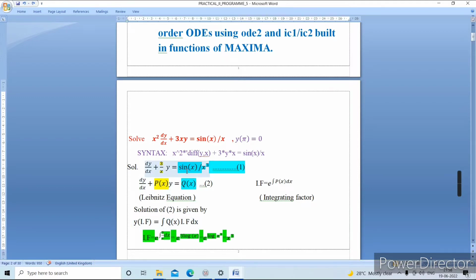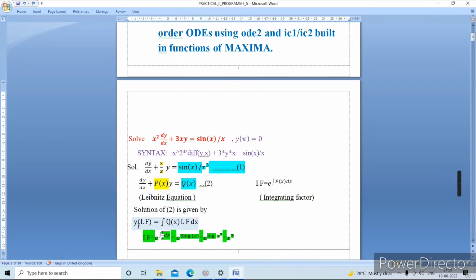In my question, sin x by x cube is your q of x. So put q of x and the integrating factor in this expression.